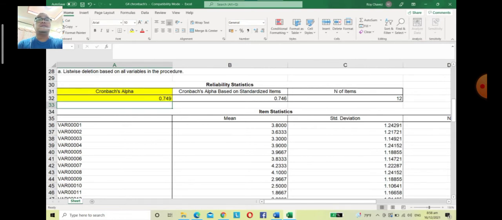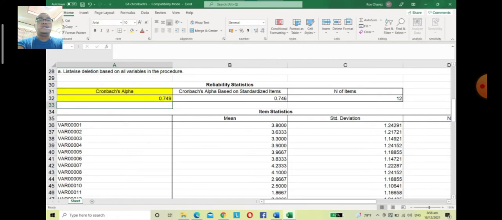So yun yung Cronbach's alpha natin, 0.749. According to experts, 0.7 and above are good, reliable instruments. So pag nakita niyo yung yellow, yun na yung Cronbach's alpha.